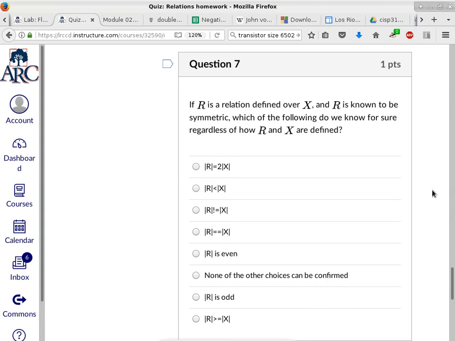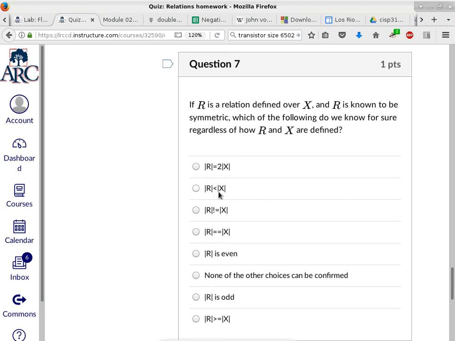Okay, so let's check out these things here and see if it makes sense. The cardinality of R is twice the cardinality of X. No. The one example that I was thinking about is the empty set. The empty relation is symmetric. But then is R always guaranteed to be less than X, or the cardinality thereof?